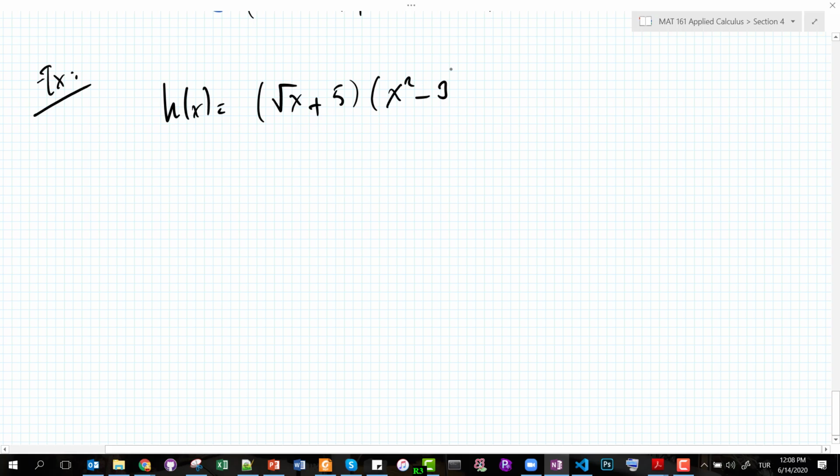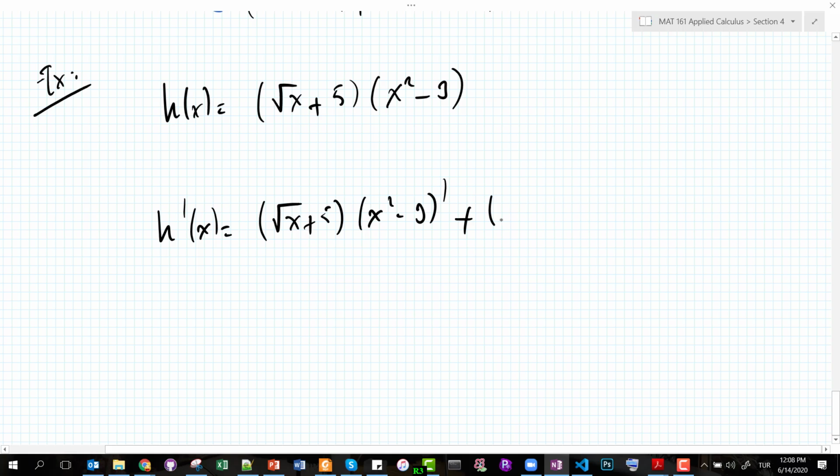Maybe one more example. h of x is equal to the square root of x plus 5 times x squared minus 3. The question is the same, h prime of x. I'm going to take the derivative of the second function and then multiply by the first one, and then I will do the other way around, the derivative times x squared minus 3.